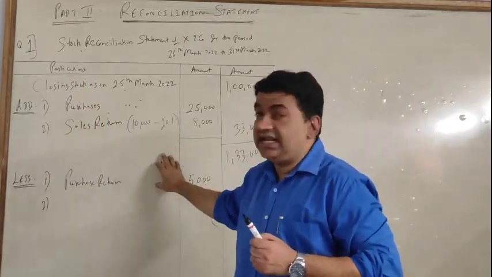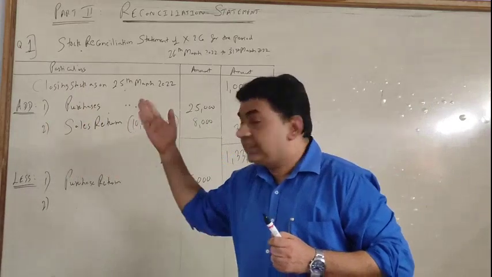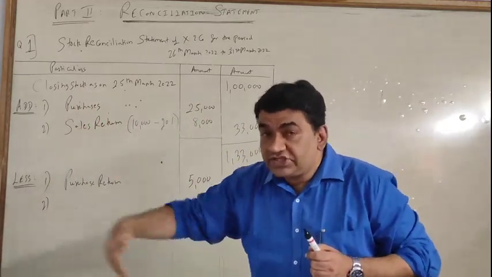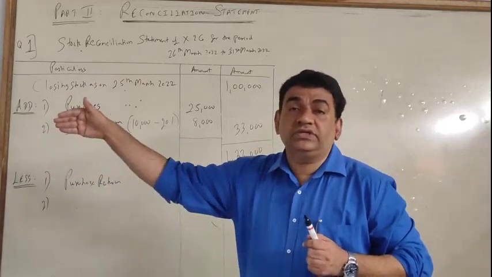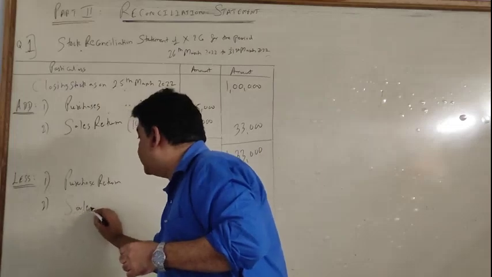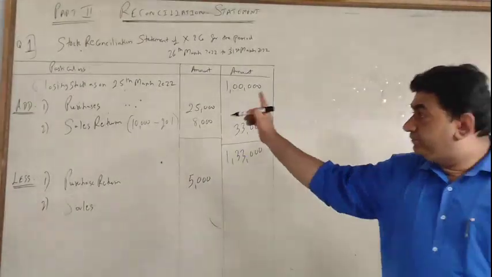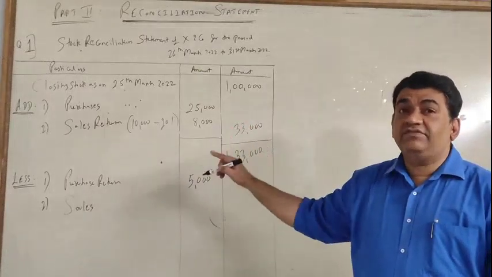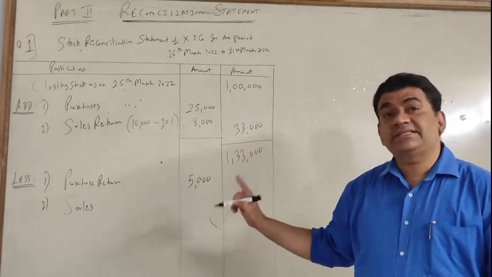So purchase and sales return, because the goods are coming in, I am adding it back. Purchase return, purchases go back, so I deduct. Sales go out to the customer. That is the reason I will also deduct sales. So when it is before date, purchases and sales return will be added and purchase return and sales will be subtracted.